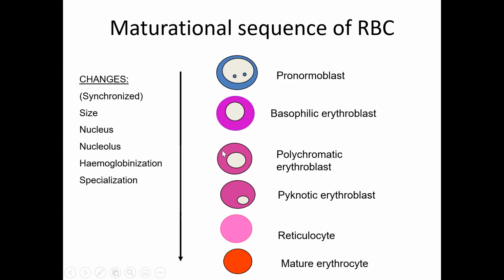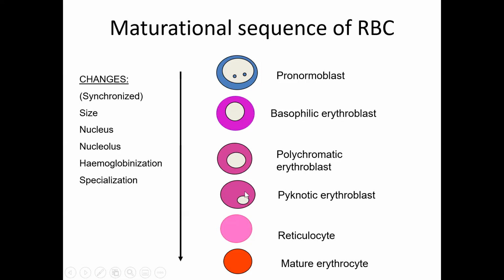In the polychromatic erythroblast, the cytoplasm now looks pinkish purplish, and this is because there's much more hemoglobin now. You still have a nucleus, which is now more eccentrically placed. It is not central in the red cell, but more towards one side of the red cell membrane.